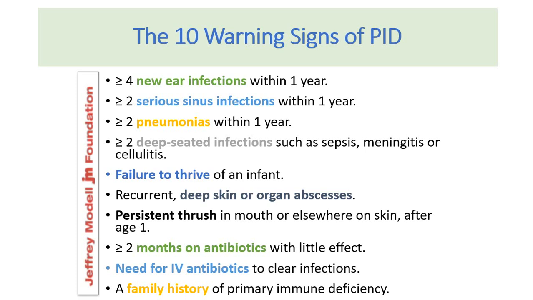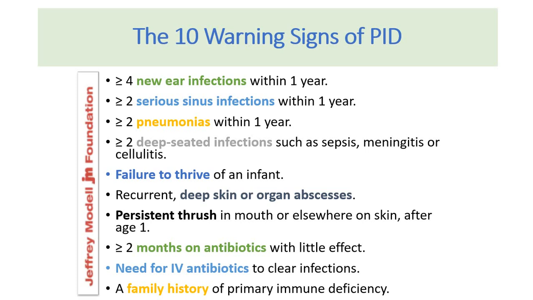There is recurrent draining ears, recurrent serious sinus infection, recurrent pneumonias, recurrent deep-seated infections like sepsis, meningitis, or cellulitis, profound failure to thrive, recurrent deep organ abscesses or deep skin abscesses, persistent oral thrush beyond the first year of life.